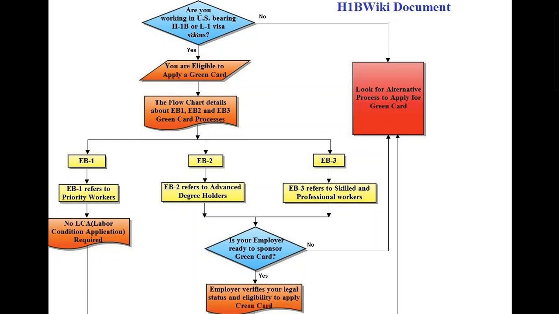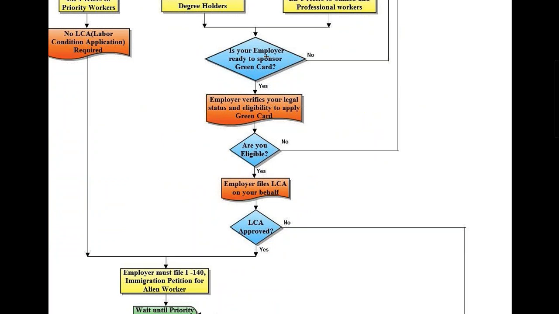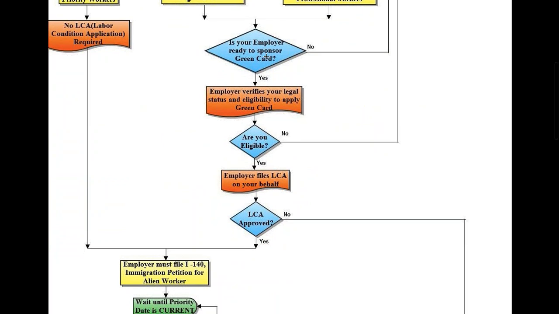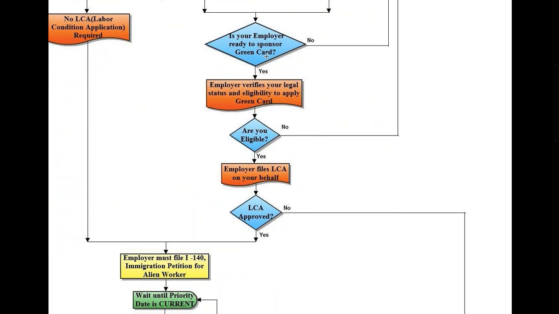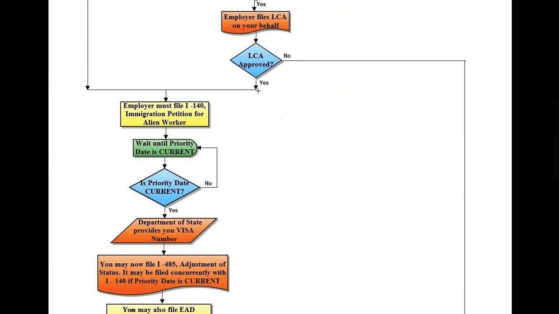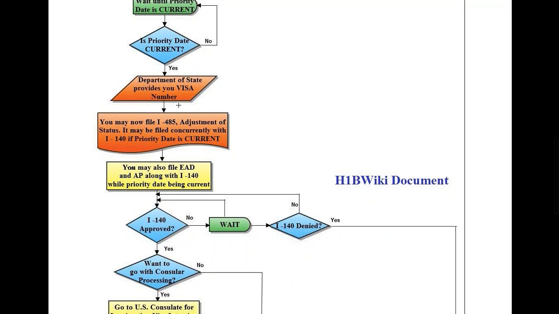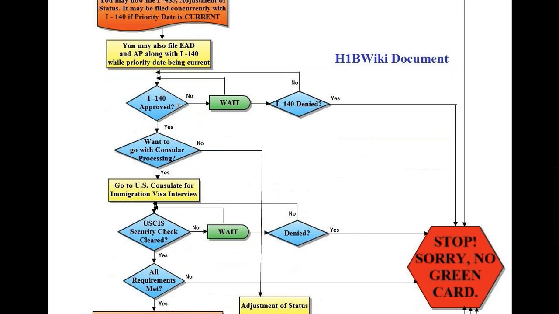So this is your area, one person. Next, is your employer ready to sponsor? The employer is an actor again, the second one. He is sponsoring, right? Yes or no. If yes, then the third actor, if you scroll down, it says Department of State provides a visa number. Department of State is an actor only. They are also doing some action, the third actor.